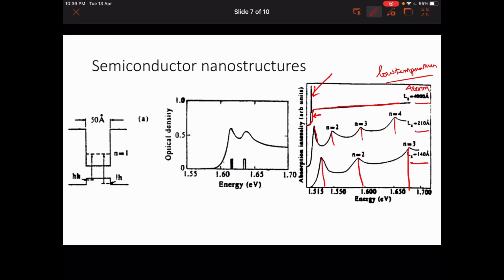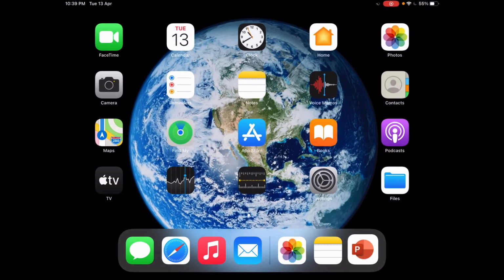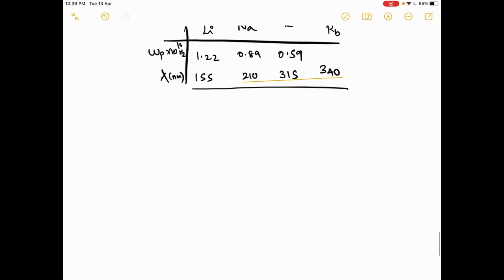This is the aspect of the last discussion that we will do regarding optical transitions, and which is excitons.